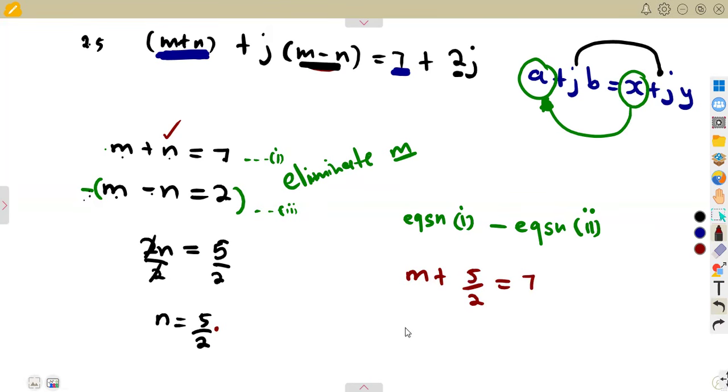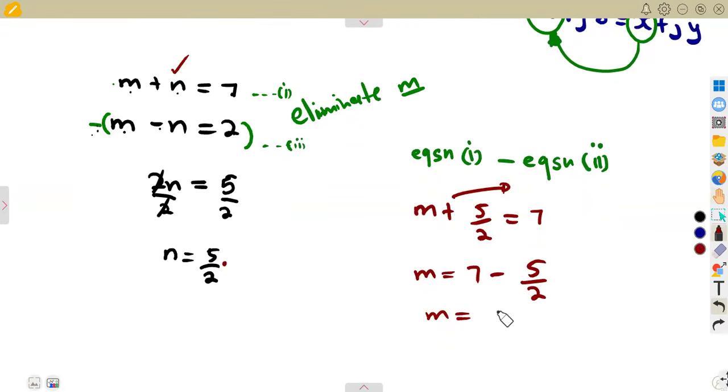Transposing to the other side, m is equal to 7 minus 5 over 2. So at the end, our m is equal to 9 over 2. Like I said, I want you to use the substitution method, the one that you are used to, and see if you're going to have the same values of m and n.